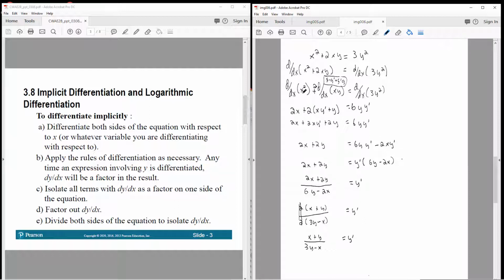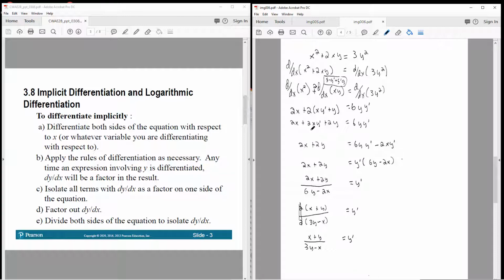So the derivative of x squared is going to be 2x. Then I factor out the 2 here, and I have the derivative of a product, xy. And the derivative of that product is going to be x y prime plus y. And the derivative of 3y squared is going to be 6y y prime.